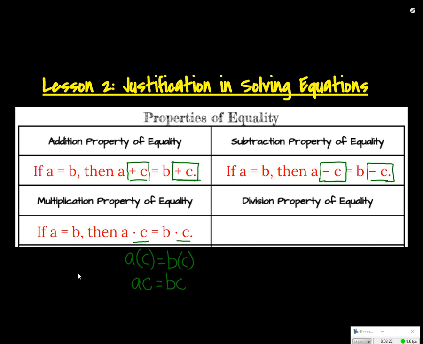All right. Division property of equality. Now this one, the formatting is a little bit off from what I like, but it's hard to get the computer to do everything that you like. So I really would prefer A over C equals B over C. We're going to really rely on the fraction bar.